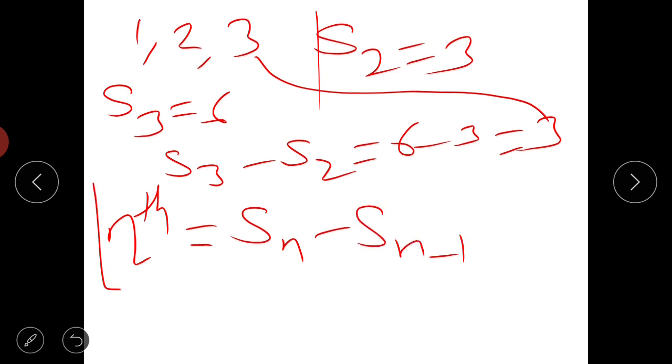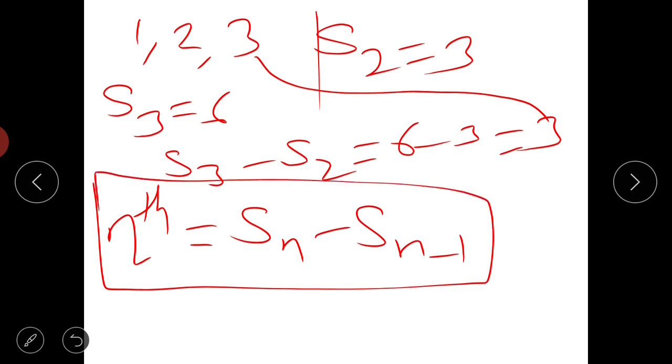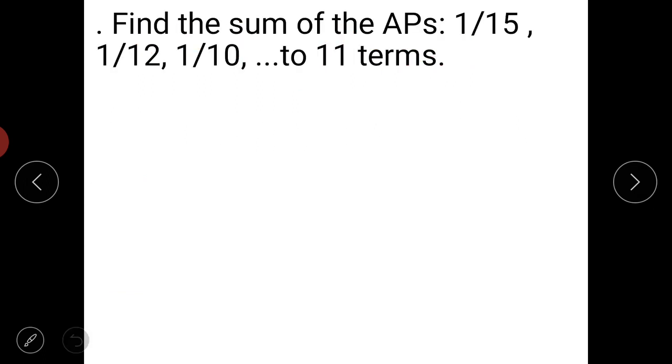So the nth term of an AP is also equal to Sn minus Sn minus 1, the sum of n terms minus the sum of n minus 1 terms. Are you getting or not? Please remember the nth term equals the sum of the first n terms minus the sum of n minus 1 terms. Please understand it.